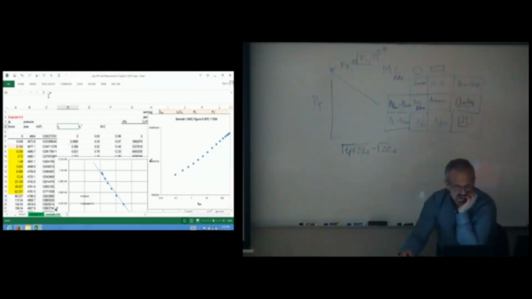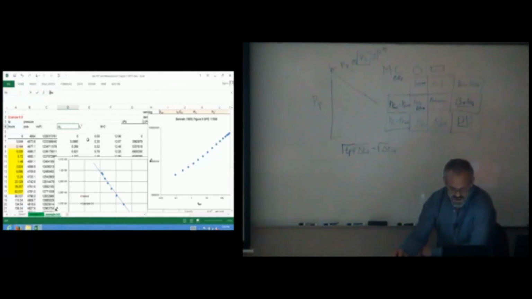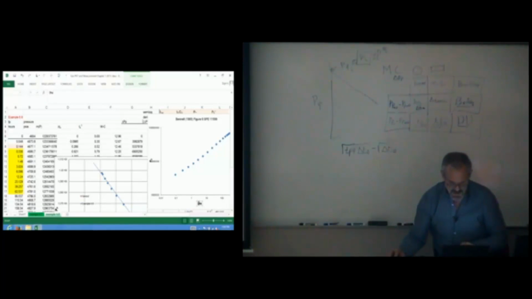This delta TA could be delta TA. So now I got delta T on this plot, delta pseudopressure.